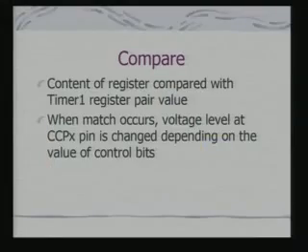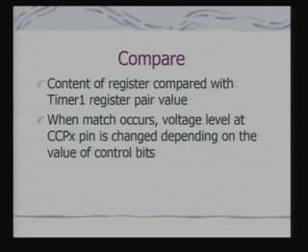Then we have compare. The content of the register is compared with the timer 1 register pair value. When a match occurs, the voltage level at the CCPx pin is changed depending on the value of control bits. In fact, I can have a rising edge, I can have a falling edge, or there may not be any change. So I can program what happens when the comparison gives equality.